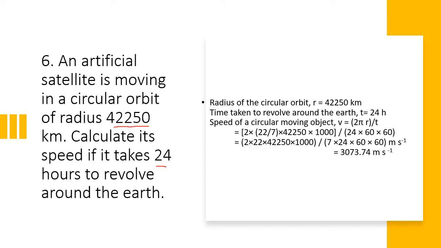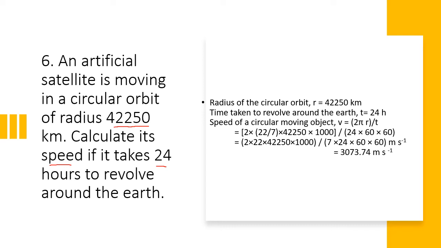Okay, so the radius of the circular orbit is given, 42,250 kilometers. R is given, and 24 hours to revolve around the Earth is given. So for one rotation, it will take 24 hours. Okay, so what is your question? The speed of the artificial satellite.